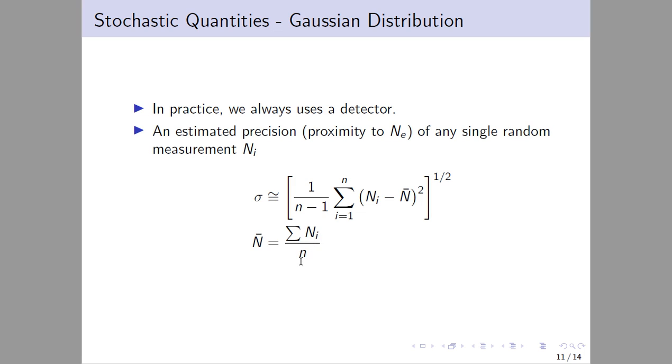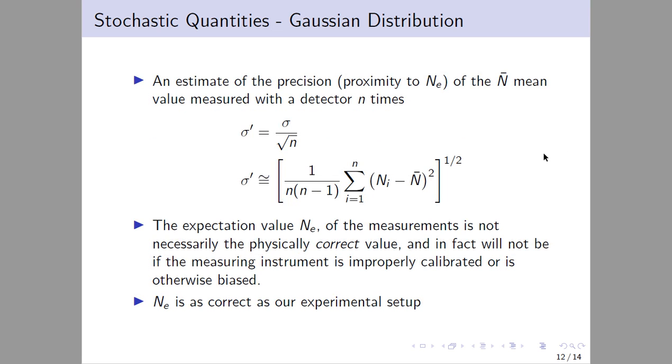These are the number of experiments, and these are the number of photons for each measurement or experiment. So here is the estimated precision, how precise it is. This one is to test the precision of our detector.